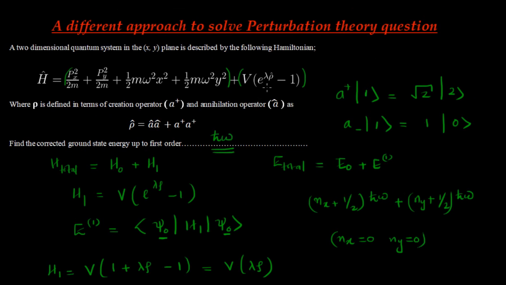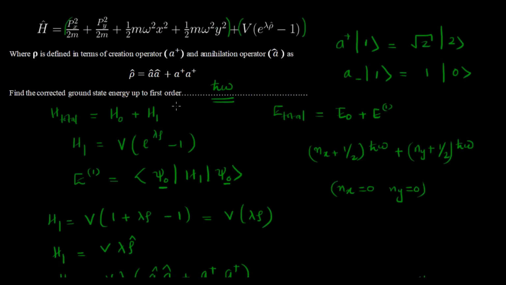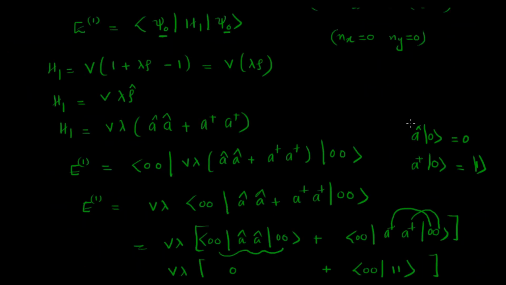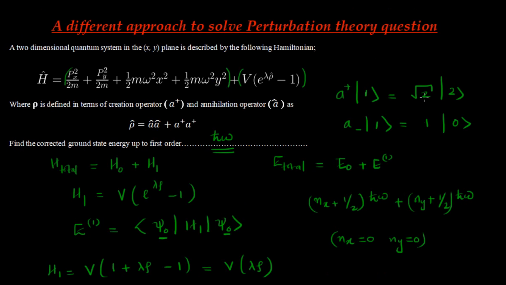We used the Taylor expansion to simplify the perturbing part of this Hamiltonian, and we applied the properties of the annihilation and creation operators: a plus acting on 1 gives root 2 times state 2.